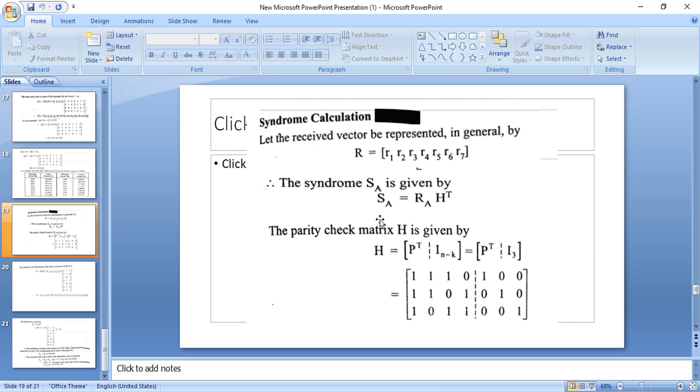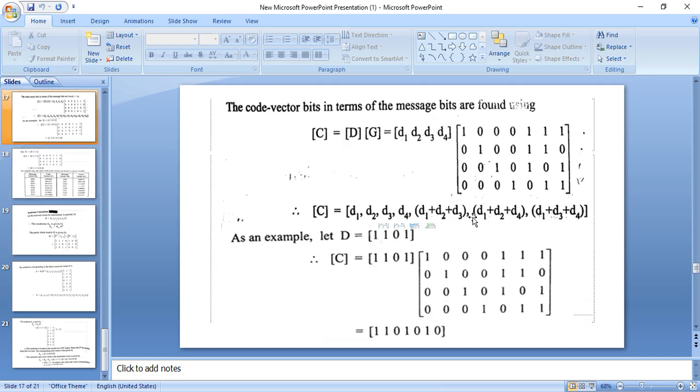What is H? We call it the parity check matrix. How to calculate H? H is calculated by taking the transpose of the parity matrix, P transpose, together with the identity matrix I of size n minus k. Here n is 7 and k is 4, so the identity size is 3. What is P?